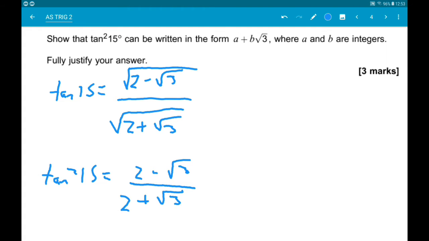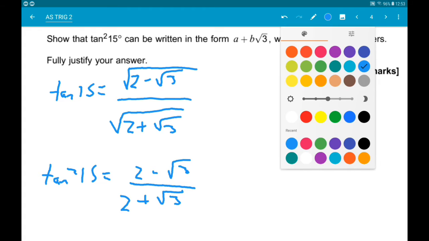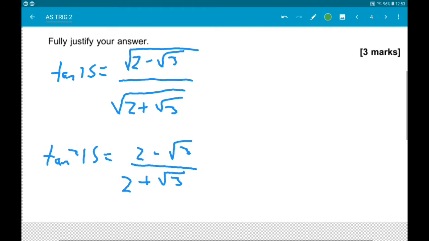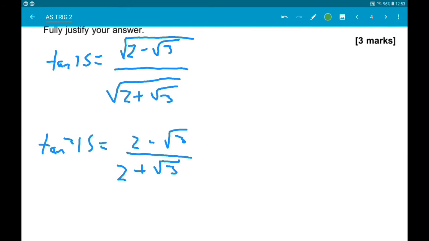Okay, now all we need to do here then is rationalise the denominator. So, we're going to multiply the top and bottom by 2 minus root 3.